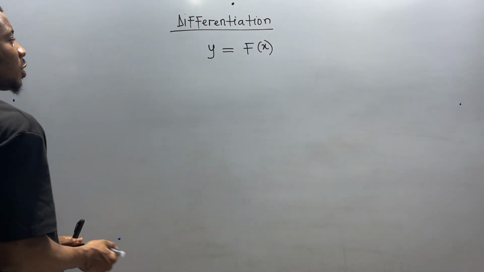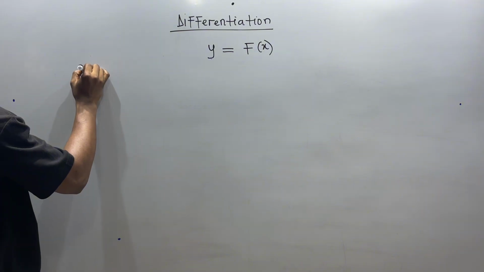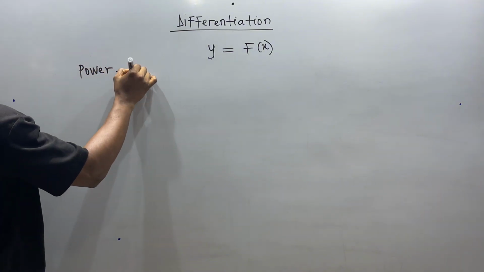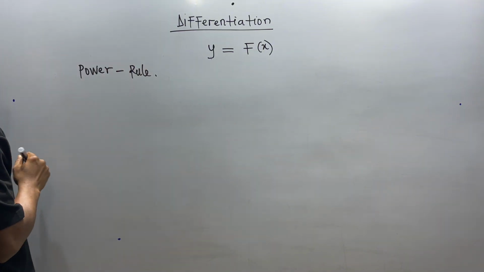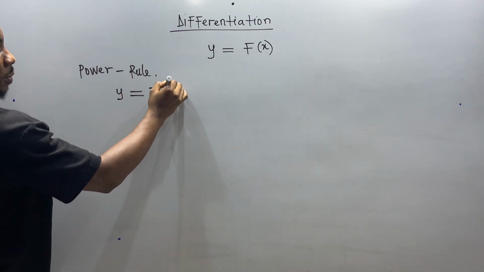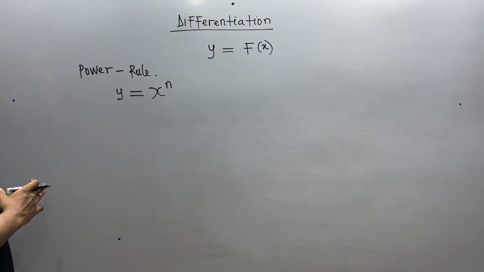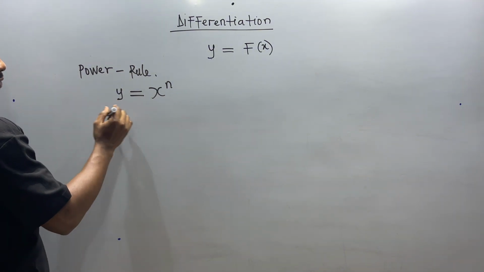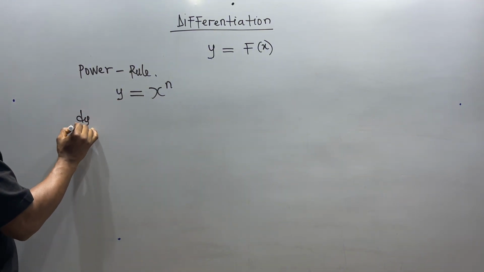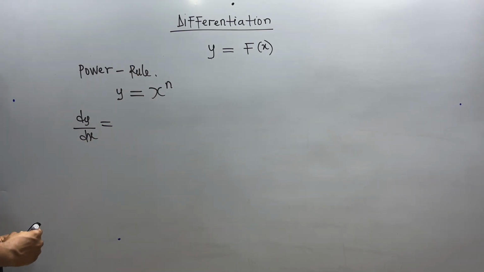The first rule that we'll talk about is what we call the power rule. What does the power rule tell us? It tells us that if we have y equal to x to the power of n, and we want to find the derivative, dy over dx is going to be: bring down the power.